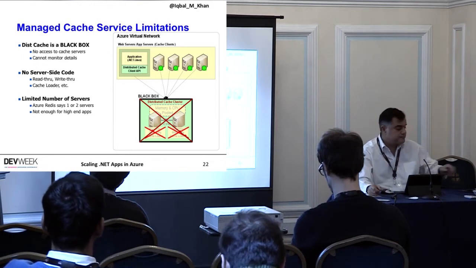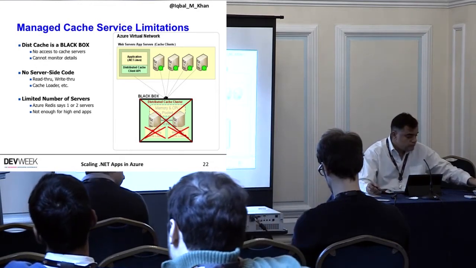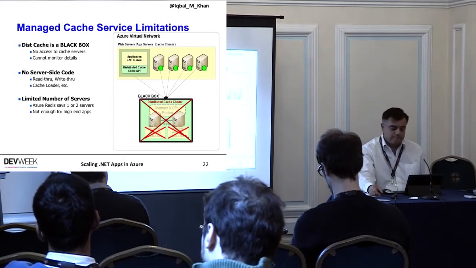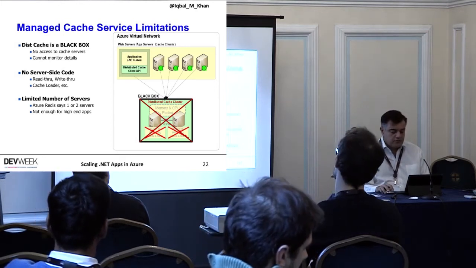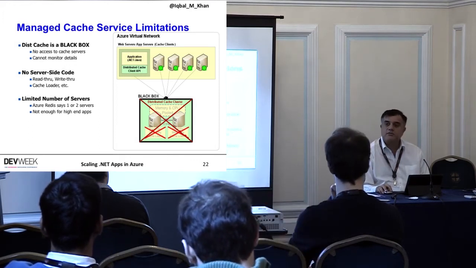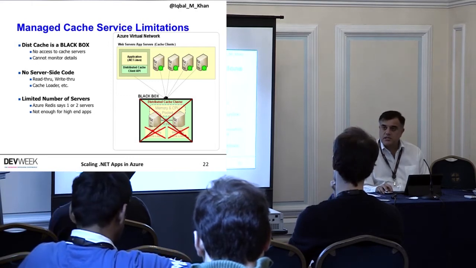Go ahead. Do you use different clients? For instance, the VM Redis or the managed Redis is a different VM, and from the DevOps configuration, is anything different? Actually, what Microsoft gives you, Redis is only available as a managed cache service from them. Right. And so is the Azure cache.